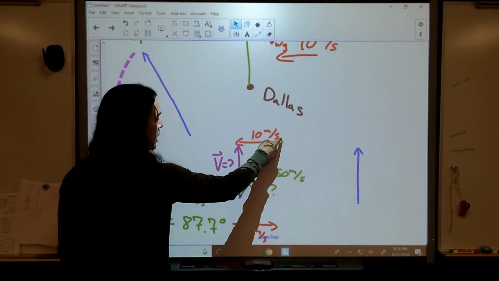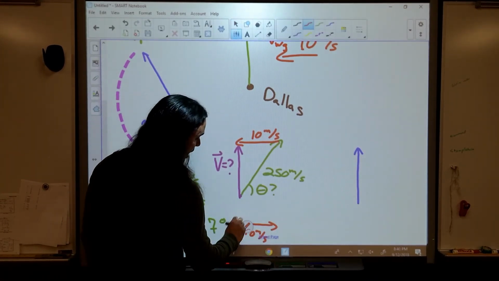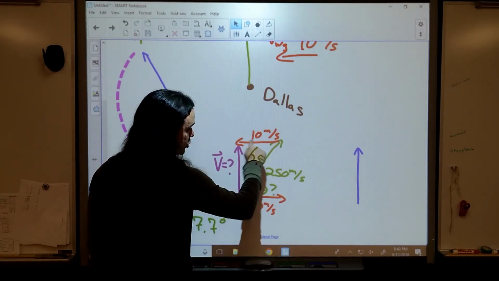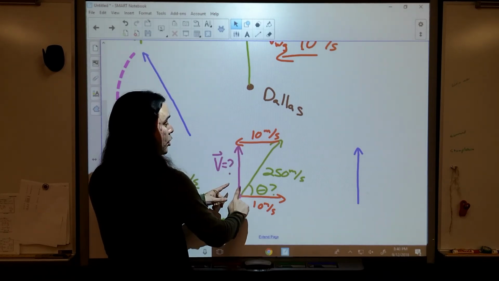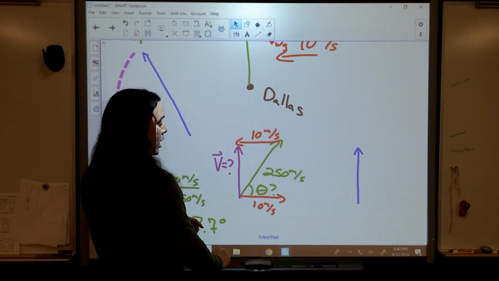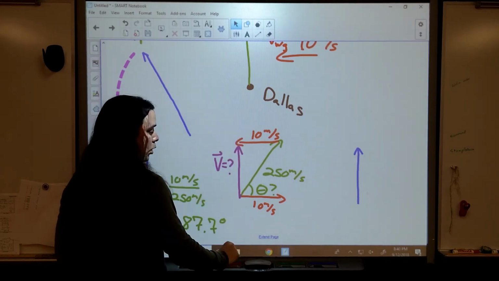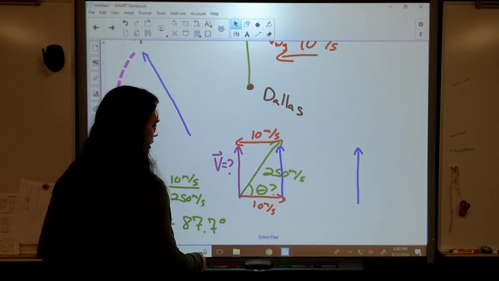Now, in order to do that, what we're actually trying to do, you can see here that from drawing this out, the x component of my vector here needs to match this one so that they actually cancel each other out, and that relative result gives me only a velocity or speed, however you want to look at it, in the northward direction. So I've got a y component here and an x component here.